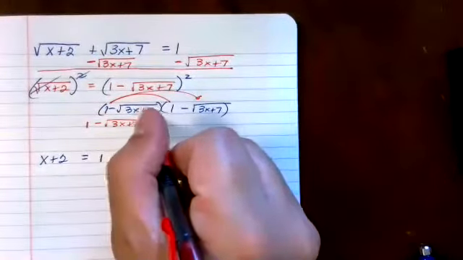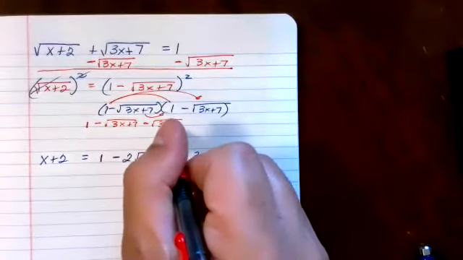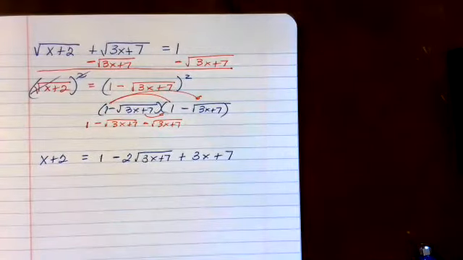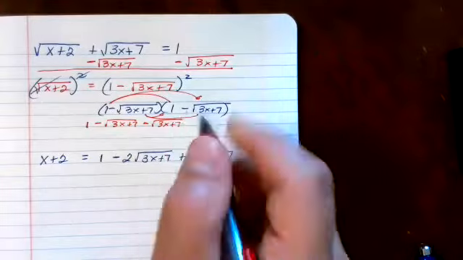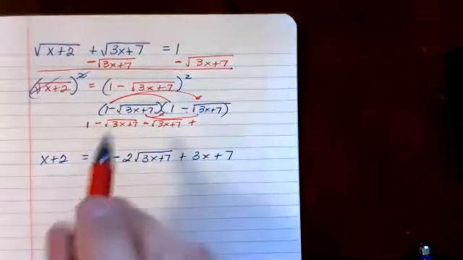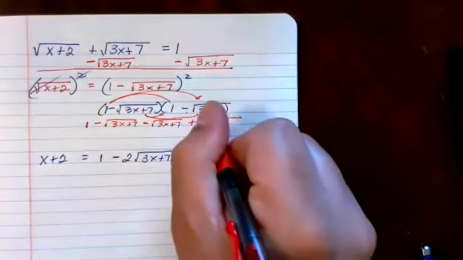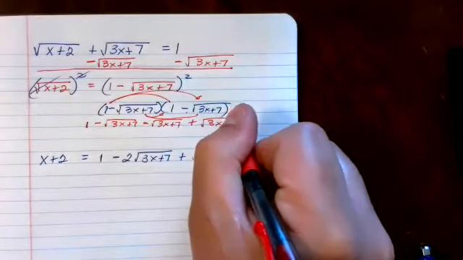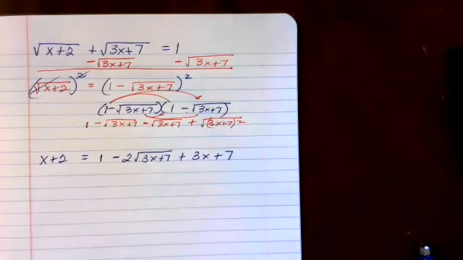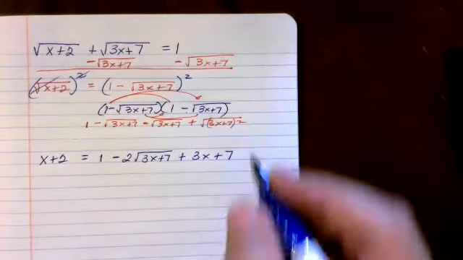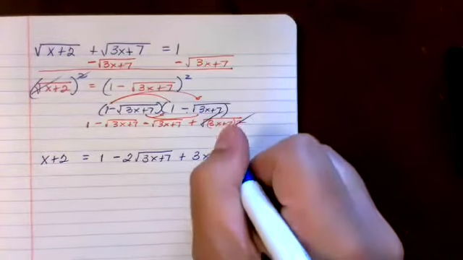And then I have this times this, which again is negative radical 3x plus 7. And then I have a negative times a negative, which is positive. And radical 3x plus 7 times radical 3x plus 7 is radical 3x plus 7 squared. My square root and my square cancel out, and that's where that comes from.